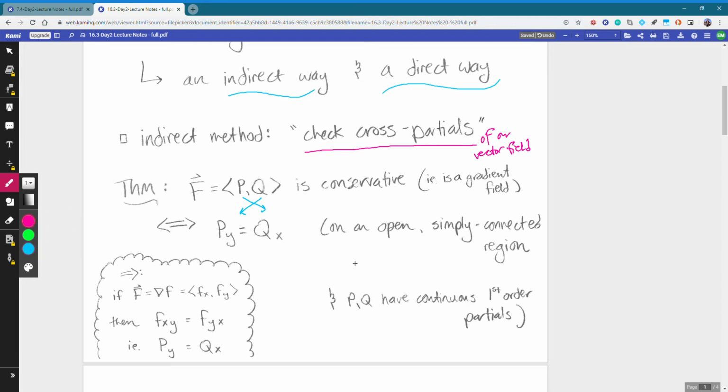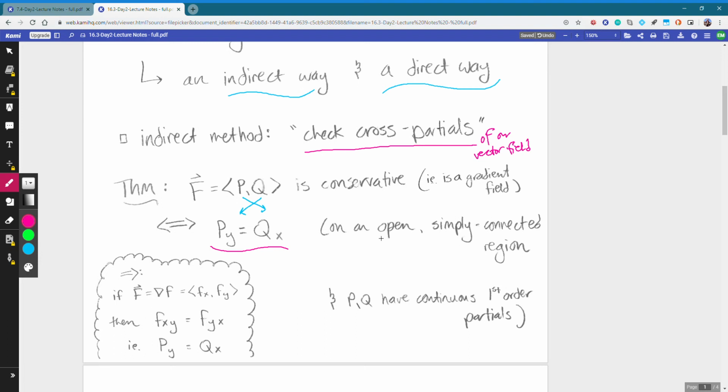The next thing I want to mention is that there are some niceness assumptions that do go into this result. We're not going to really worry about the details, but I do want to take this opportunity to introduce some terminology here. The result asks that this equality of cross partials holds on a certain kind of nice region, specifically an open, simply connected region.